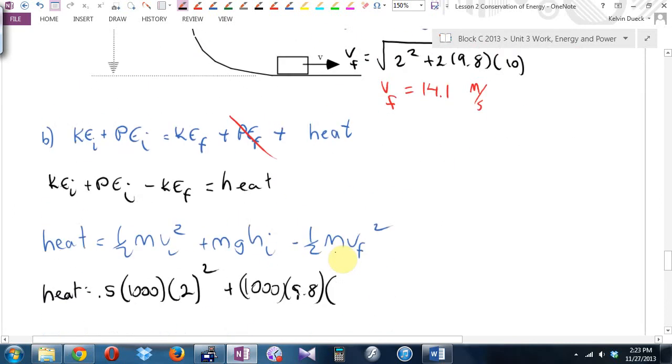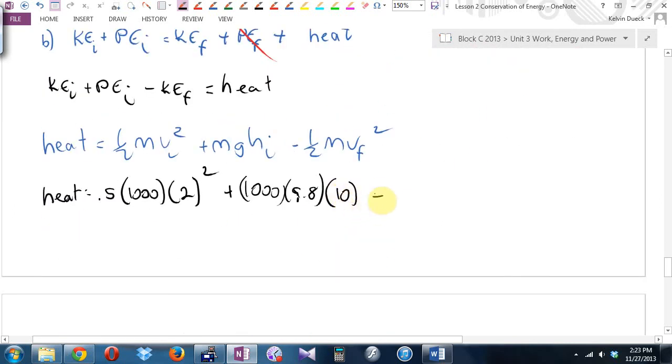What was the initial height? 10. Minus 0.5 times 1,000. And Sammy, here's where I'll put the 12 squared. Right? I guess heat should be in red.